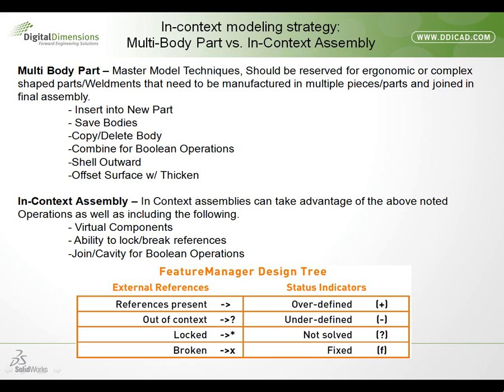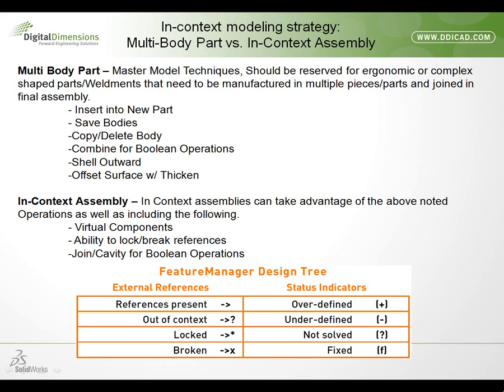An in-context assembly would allow me to take advantage of all the multi-body part features and techniques, but have the following advantages as well. The ability to have virtual components, that is an assembly without any parts external to the assembly file, so I could save all of my parts in the assembly, or maybe the ability to lock references so they don't update, or break them once I have the model where I need it and I don't plan on changing it.